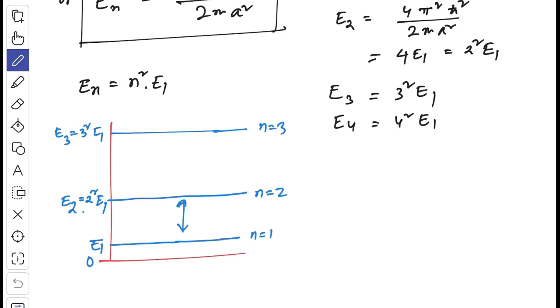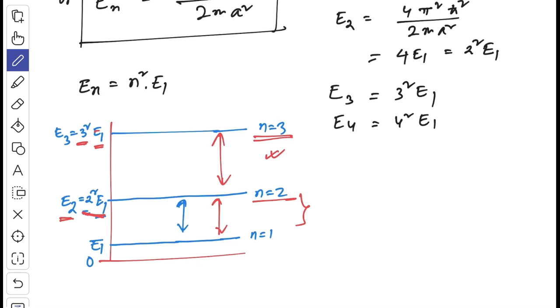So the gap between these two levels must be smaller than between the next two levels. The gap between 3 and 2 must be bigger than between 2 and 1. That's how we can draw the energy level diagram.